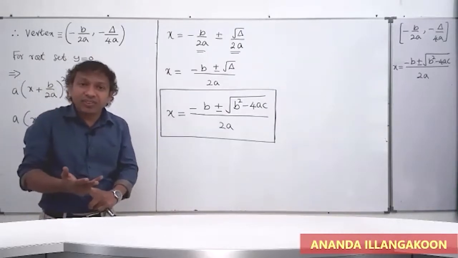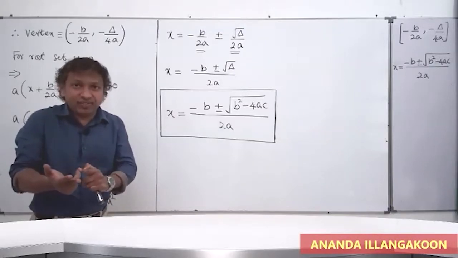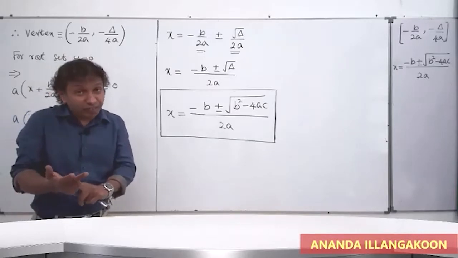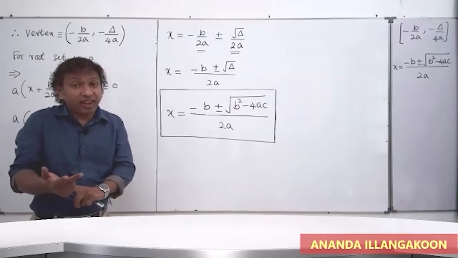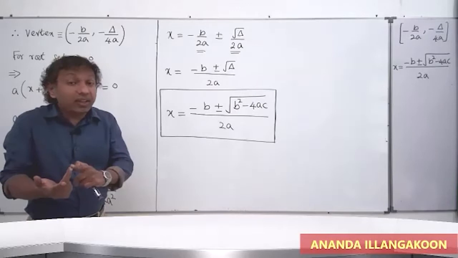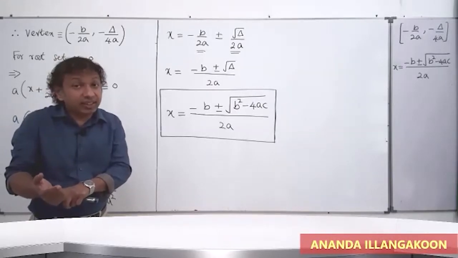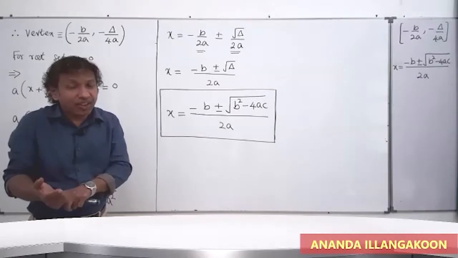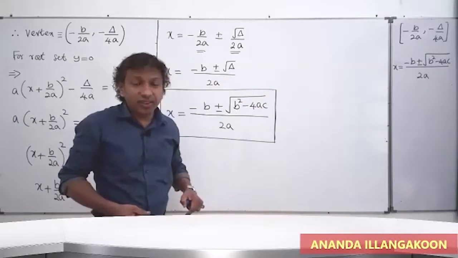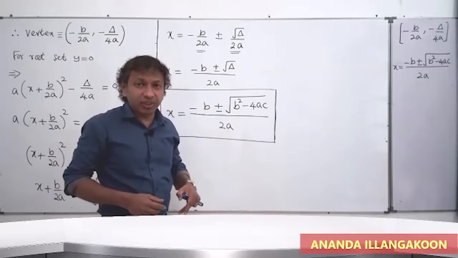Secondly, we determine the roots using the factors, and thereby the vertex, and draw it. The third method is completing the square: we determine the vertex and the roots and draw the graph. The fourth method is directly using this formula. Let's see how to draw one graph and then we move to the other part of today's lesson.